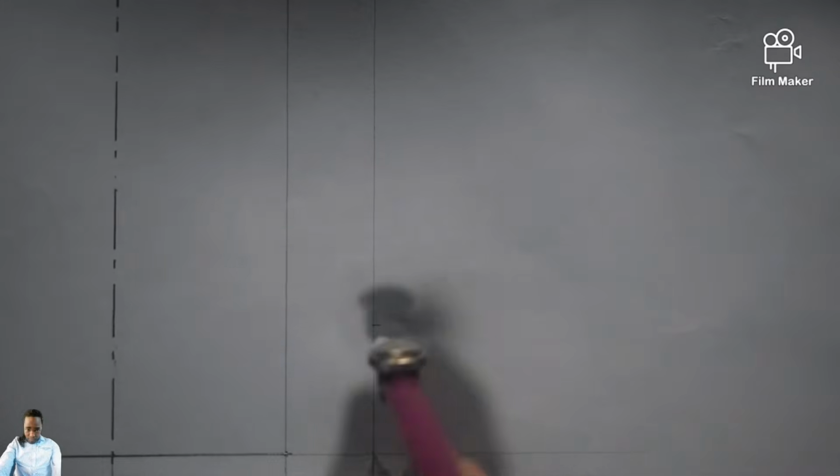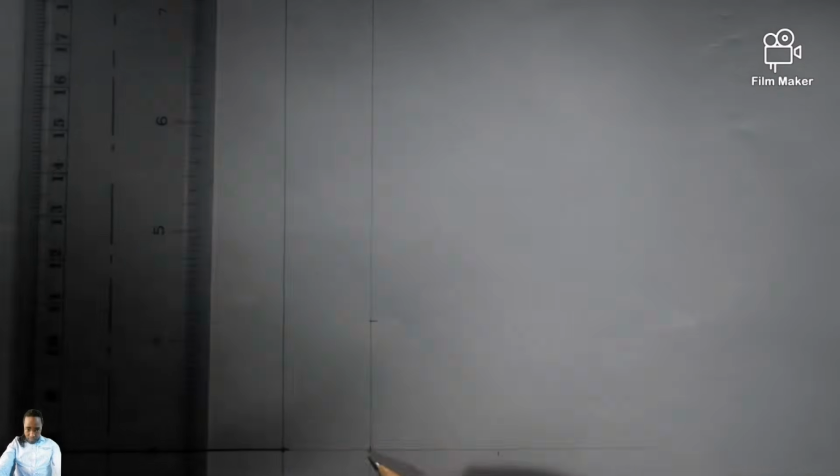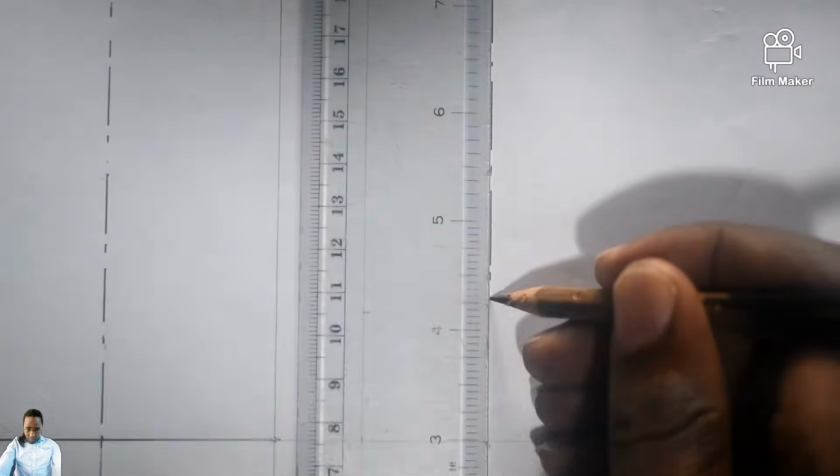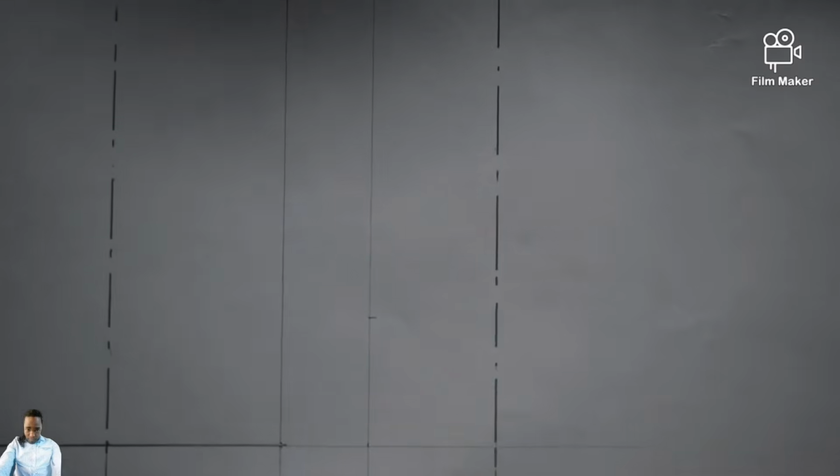Then from there I can place it here and mark here and mark there. From here till there is 30, from there till there is 30, so that I get the centers. From here till there is 30, isn't it?